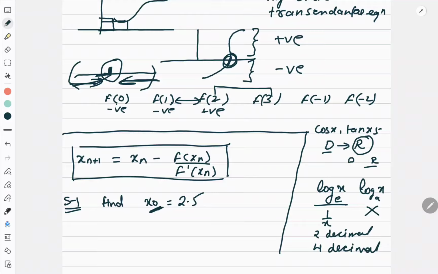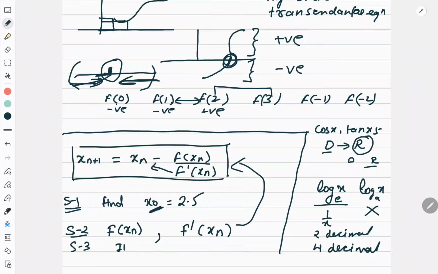So your target is to reduce the steps. I will tell you a smart way to do that later on. First, understand the method. Step 2: f(x) is given. Just put x equal to xn in that function. Differentiate and get the value of f'(xn). Substitute here, take the LCM and solve. Even if you don't take the LCM, you can solve it. The new function that comes is called the iterative formula.